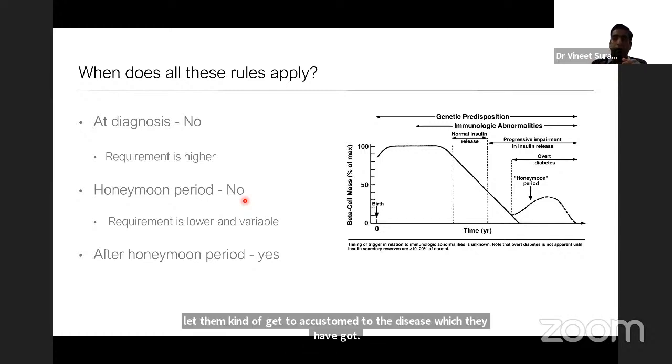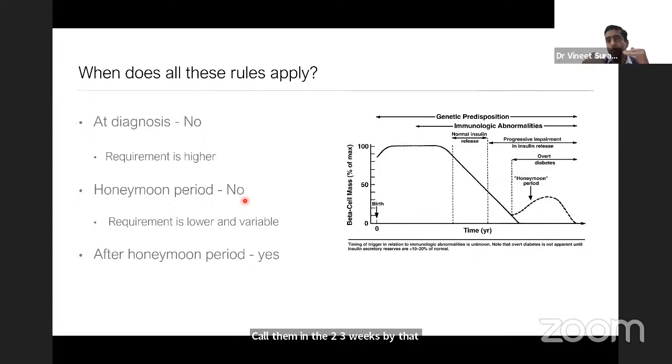By that time, the glucotoxicity part will be going off, and then the child will start having better glucose with the same units of insulin at which you discharged the child. It takes time for the body to get adjusted. Initially when there is glucotoxicity, there is a complete shutdown of the pancreas.